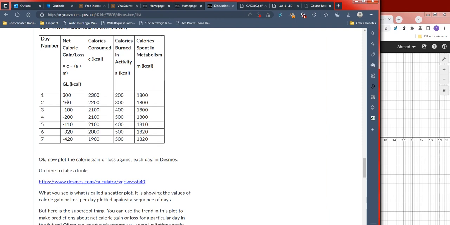And here, on the first day, his net calorie gain was 300, right? And then on the next day, it was only 100. And because you really made him drill hard and watched what he took in and told him when to stop, I guess, he lost calories on the third day. So that is basically what we are saying and seeing here.